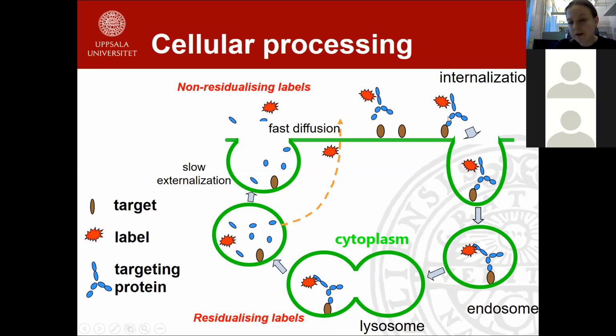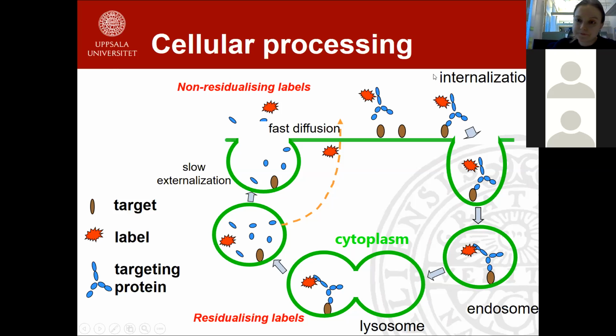But if it is taken up by some cells in the liver or in the kidneys, the internalization in normal organs such as liver or kidneys or some other organs is very fast. So the label is quickly disappearing from the cell surface and then can be diffused.